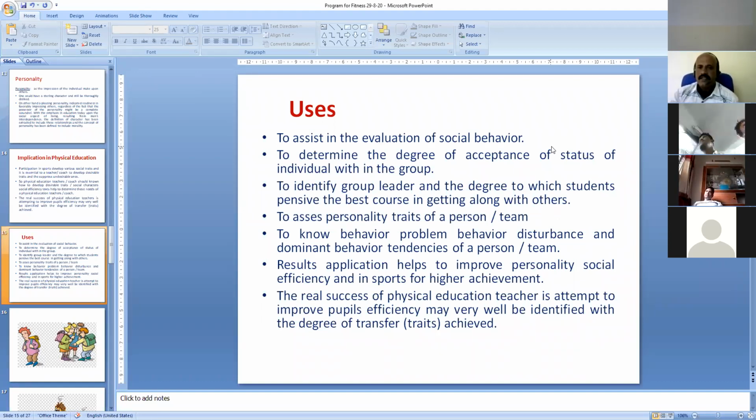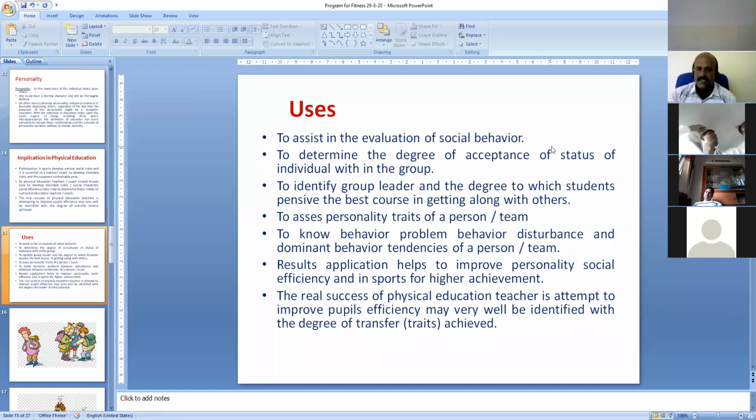What does the degree of acceptance mean? One student is there in a 50-member group: are all 50 members friends of that boy or girl, is he liked or disliked by them, how many people like him, how many people don't like him. These are acceptance and non-acceptance.